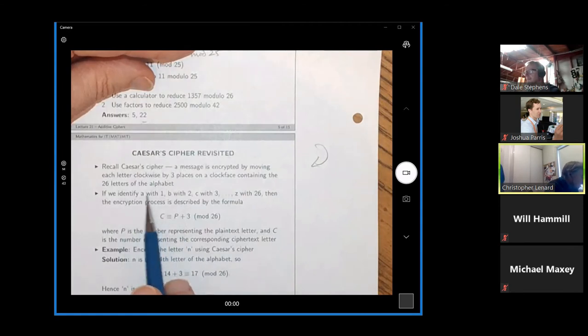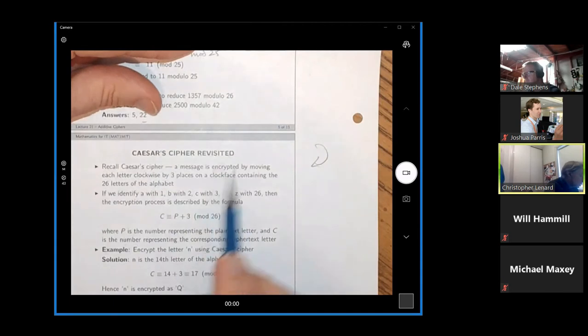So if we say A is 1, B is 2, C is 3, Z is 26, we convert the letters to numbers, and then we do arithmetic to that. So we take the plain text number, P, add 3, do the mod 26, then that tells us what our ciphertext number is.